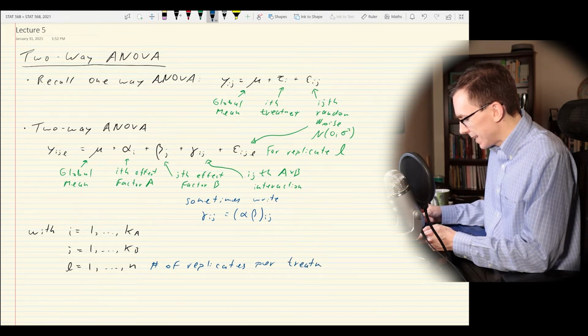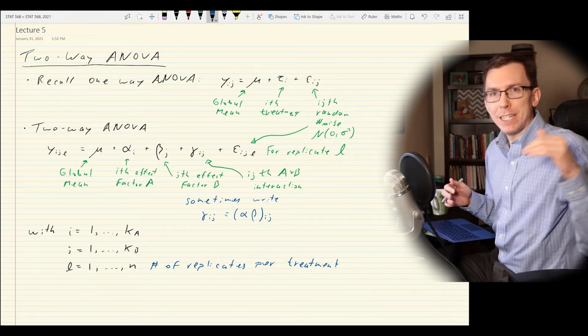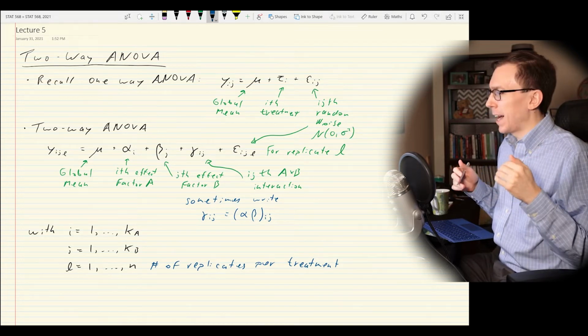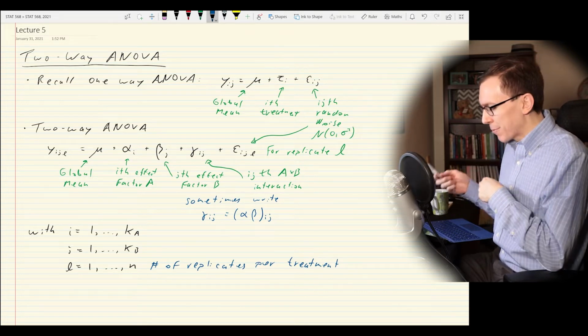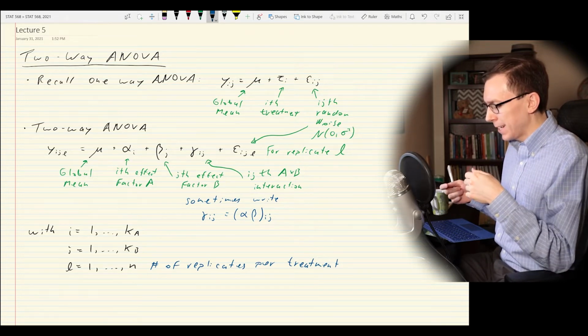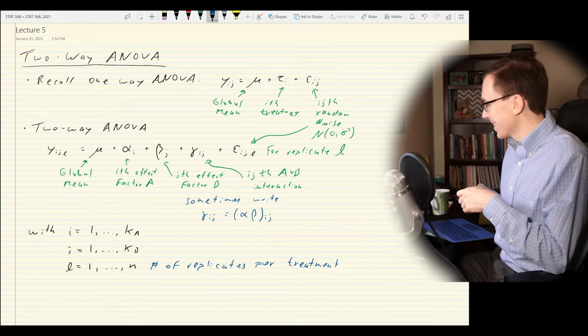And remember, the treatment in this case is the combination of the experimental factors. So a specific value for I and a specific value for J is the treatment. So for every combination of I and J, we're going to have n replicates.